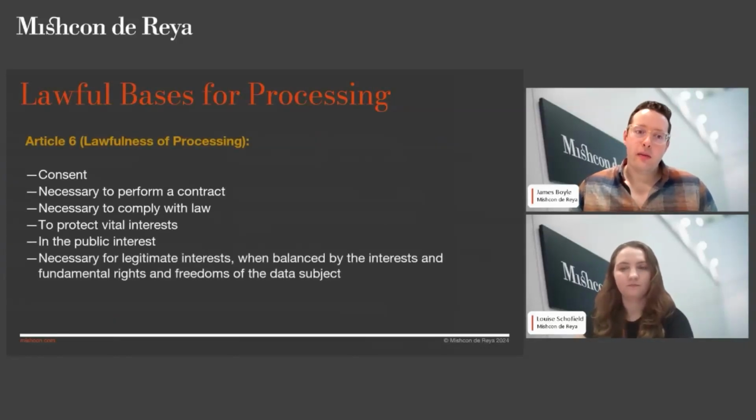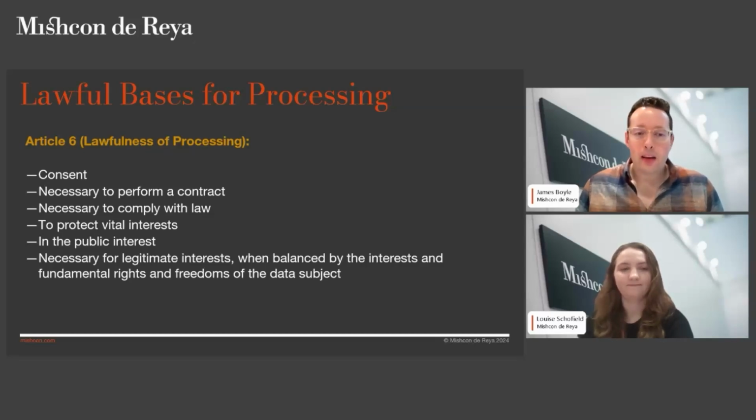Once we've established that we are processing personal data and special category data, and that we're a data controller of that information, the key next step is to identify what's called a lawful basis for that processing. I find it helpful to think of the lawful bases almost like a menu or a shopping list.